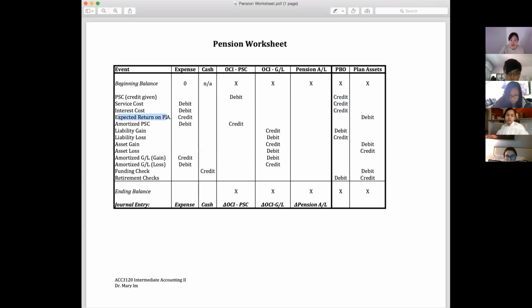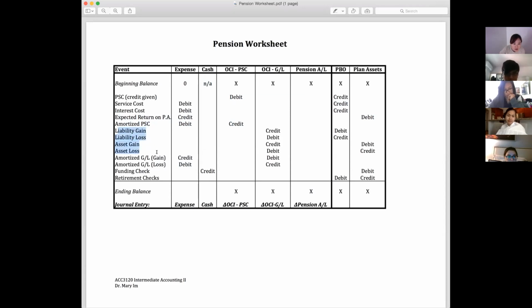Expected return on plan asset affects pension expense as well as plan asset. Amortized prior service cost affects pension expense as well as OCI, right? By the amortization, prior service cost gets taken out of OCI, and it increases the pension expense.